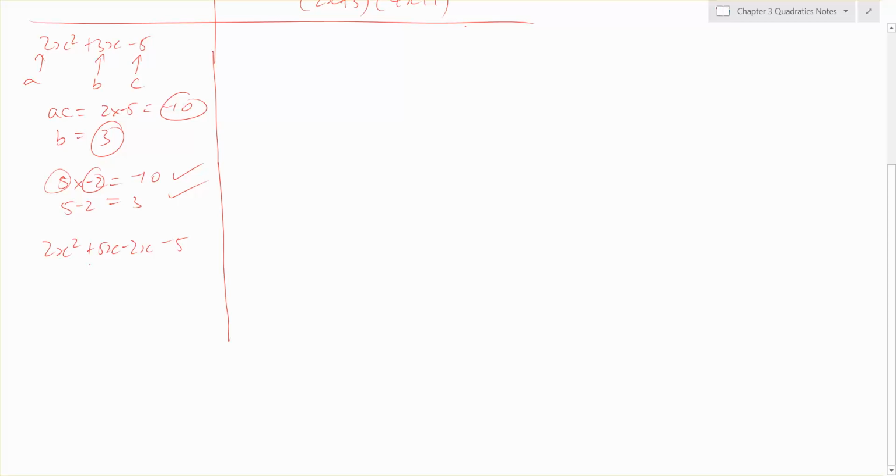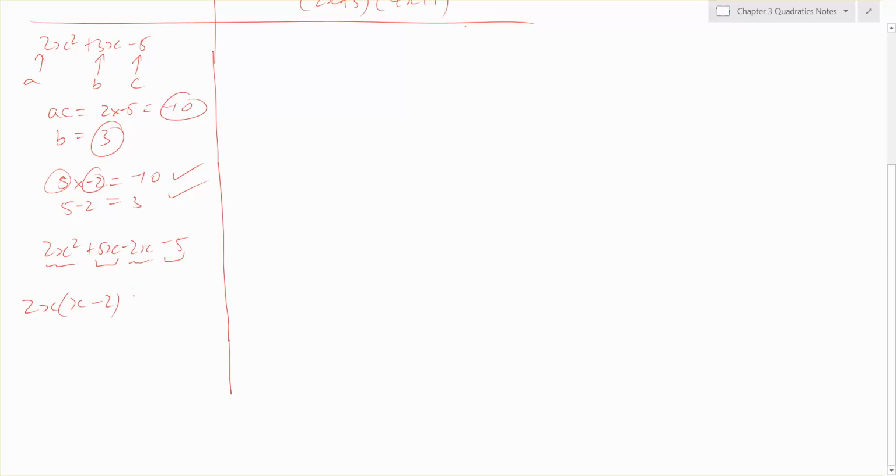The reason why I split it is that now we can factorize by grouping. For example, I can group this one with this one, and this one with this one. So let's do the first pair first. The common factor will be 2x, and we're left with x minus 2. And we can factorize the 5 terms.